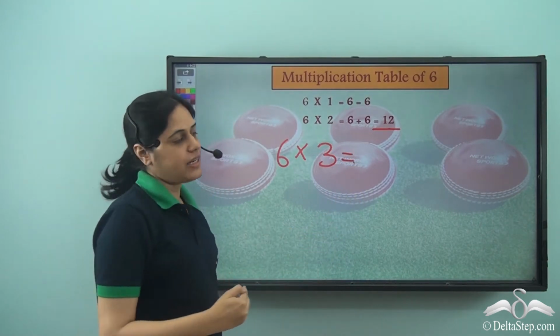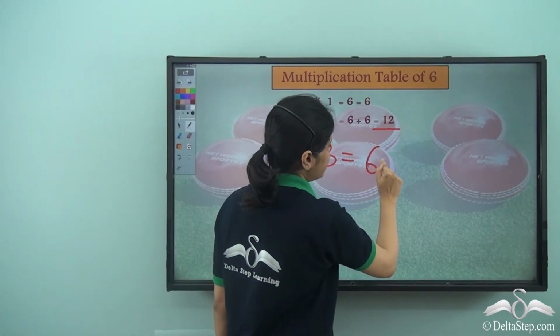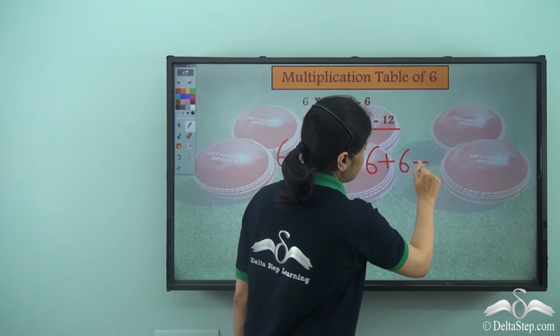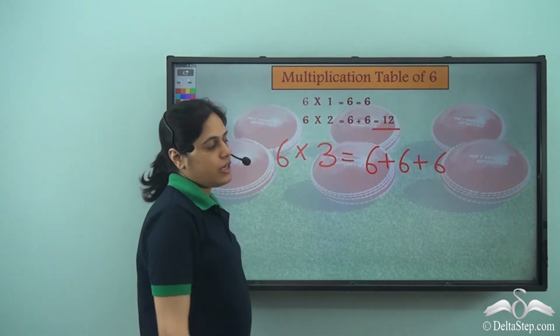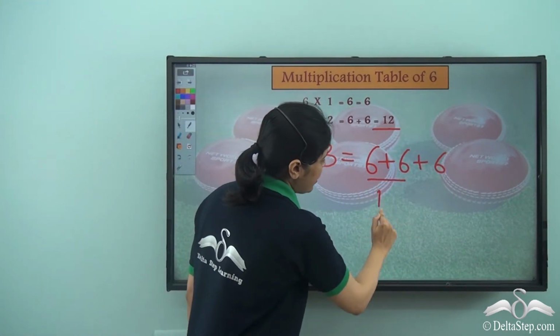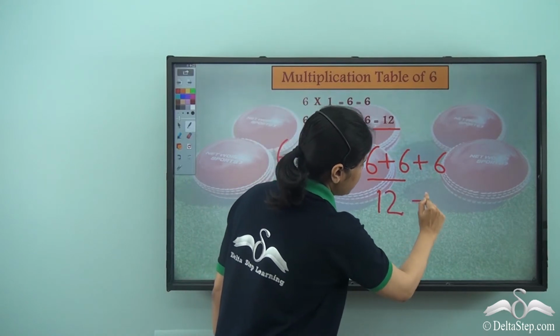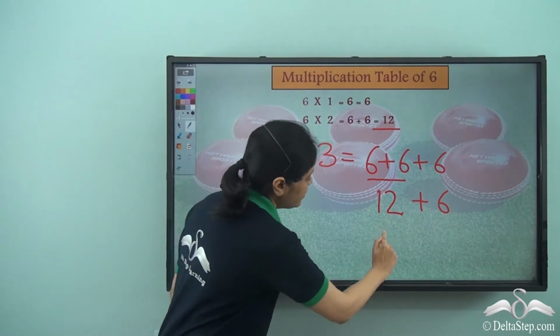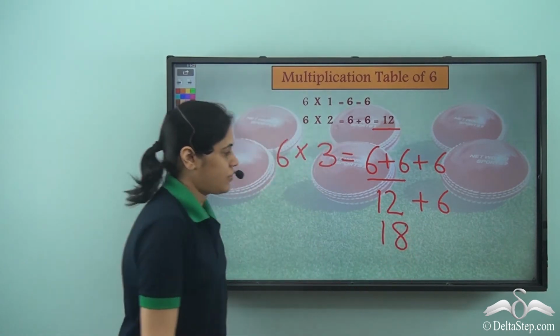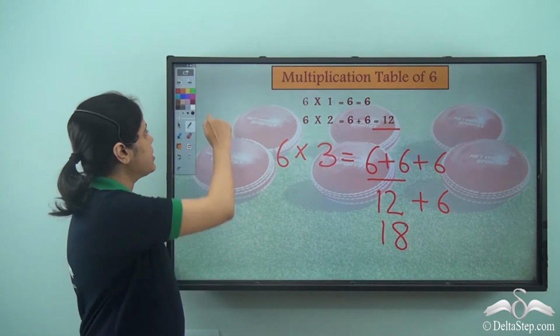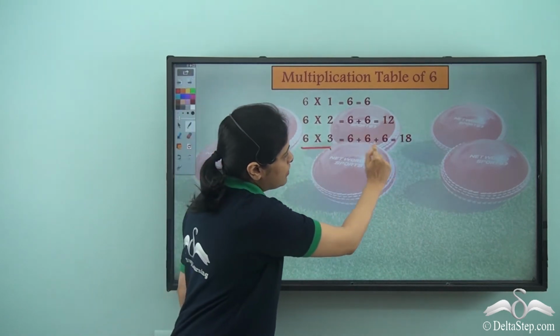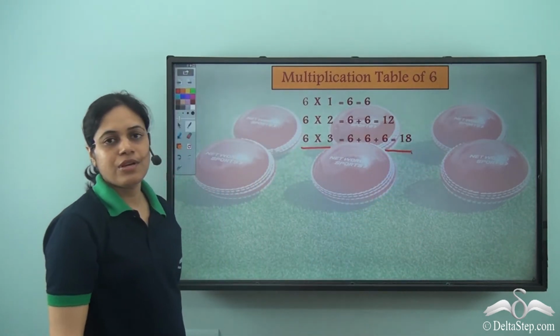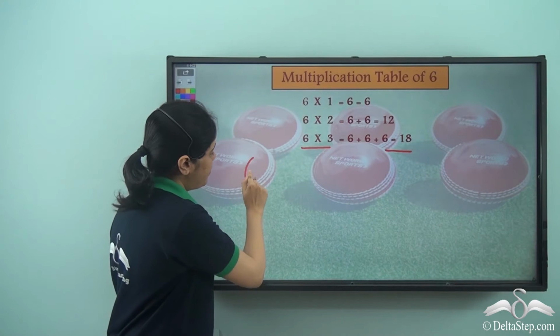So 6 added 3 times, which is 6 plus 6 plus 6. Now 6 plus 6 is 12. And I have this plus 6. 12 plus 6 is 18. So 6 into 3 is 18. This is what we have.